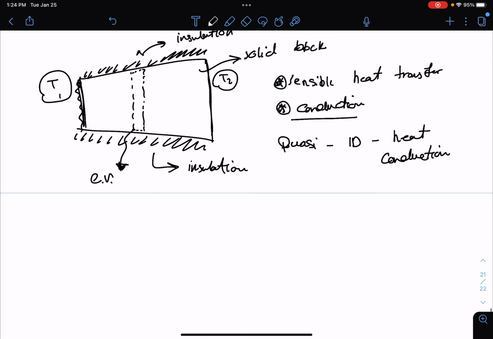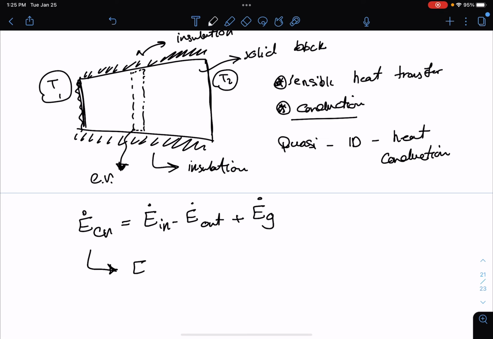If you recall from the previous lecture, the change of energy inside the control volume is equal to energy in minus energy out plus the energy generated. And you have to keep in mind that E dot is essentially the rate of change of energy. So E dot is a derivative of energy with respect to time. It is not just total energy. You just have to keep that in mind.